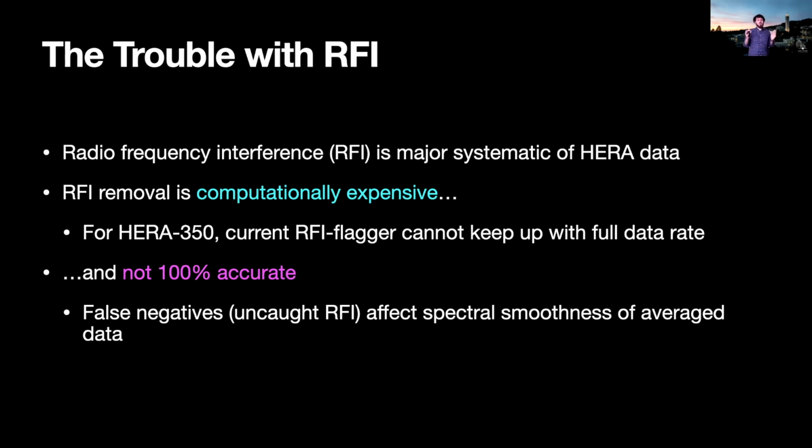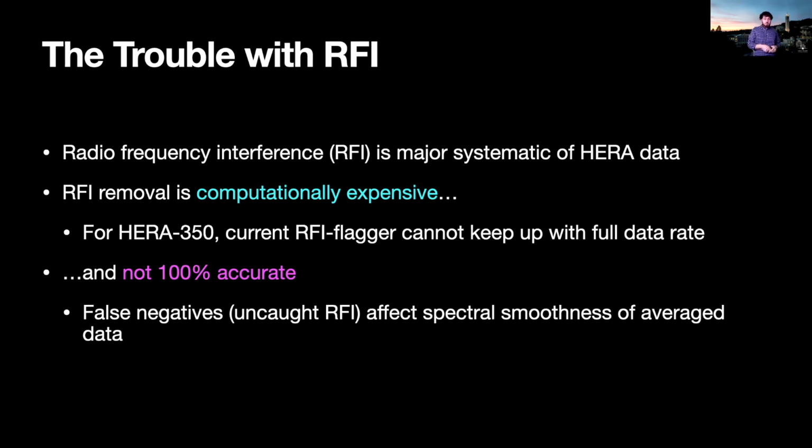So right smack in the middle of our observation window is FM radio, and then there are other sorts of terrestrial bits of interference that can affect our data. We'd like to come up with a way to get rid of these RFI events without throwing away too much actual data. Another motivation for this is that currently the way that HERA does RFI removal is very computationally expensive.